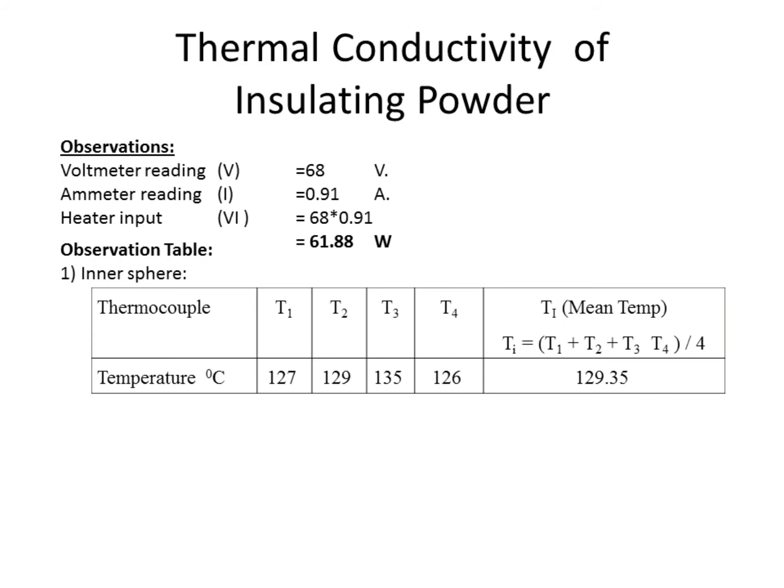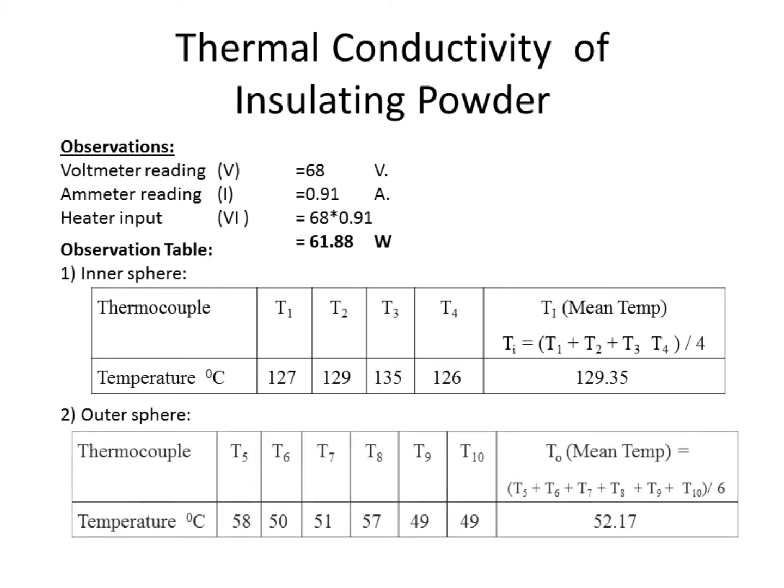Then the observation table. For the inner sphere, the temperature readings are T1 is 127 degree Celsius, T2 129 degree Celsius, T3 is 135 degree Celsius, T4 is 126 degree Celsius, and the average of these 4 readings is 129.35 degree Celsius.